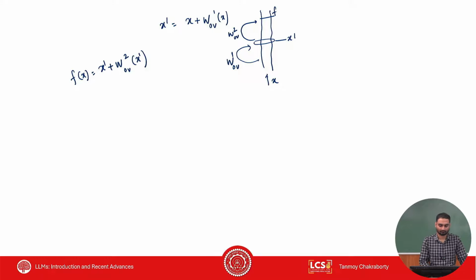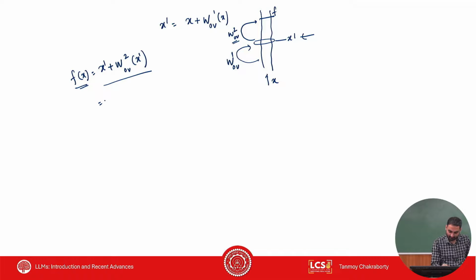Clear? X1 is here, I have passed this thing through WOV2, and it will produce this one. So this is my final output after two layers with only the OV circuit, without the feed forward network.